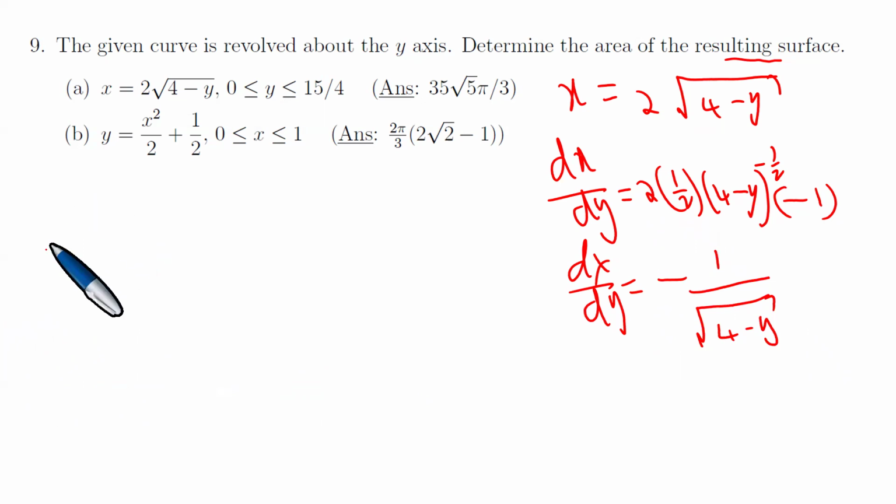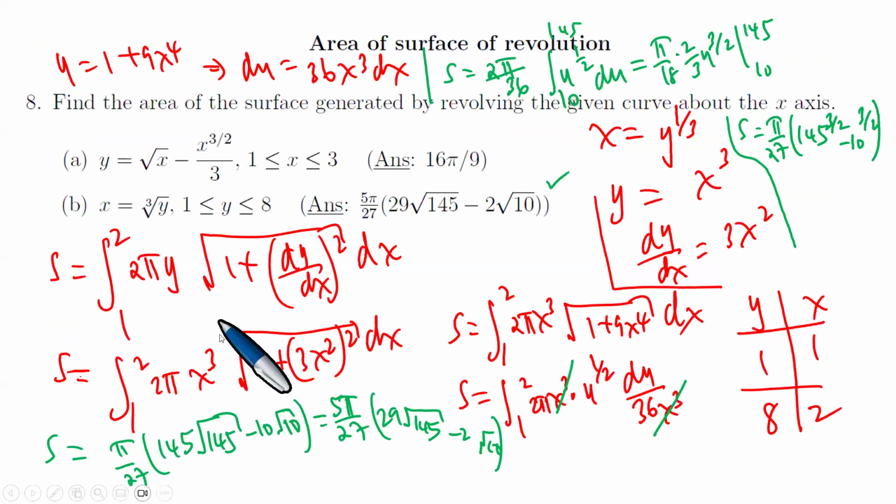We want the area of the surface, so now it is the area of the surface of revolution. And we know very well that the area of the surface of revolution is given by, like we saw, this particular expression.